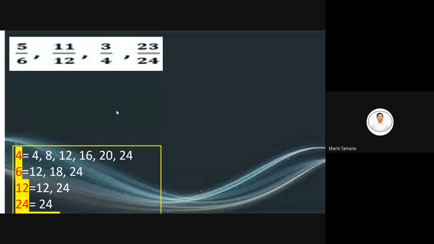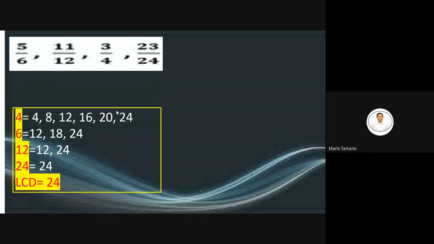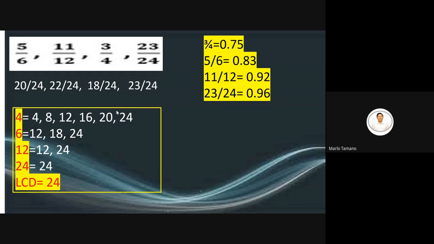Okay. So, let us continue. Eto na po yung ating summary. The given fractions, get the LCD. After that, you change them into similar fractions. Then, kung nakalimutan po, pwede kayong mag-decimal, mag-divide.